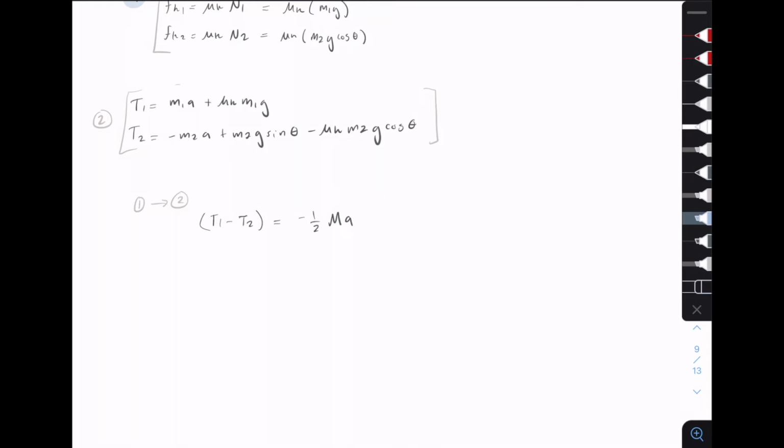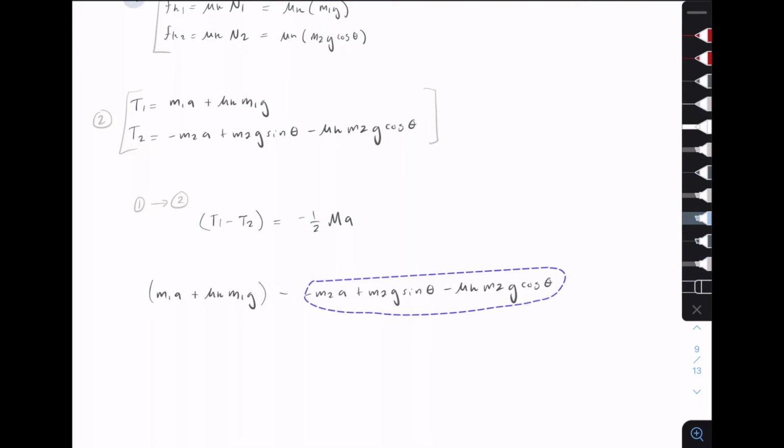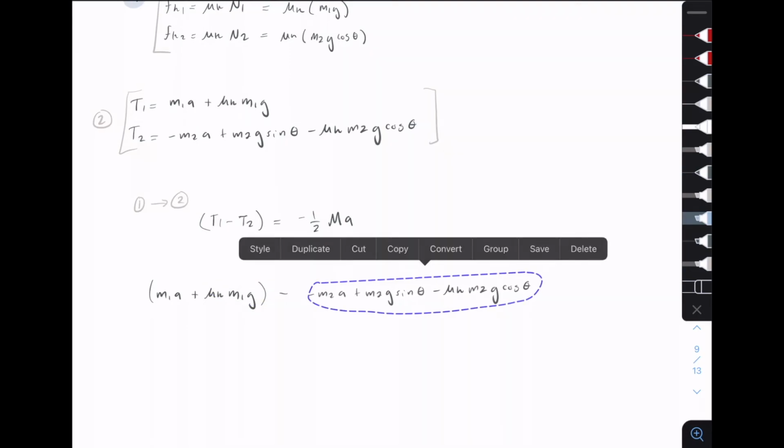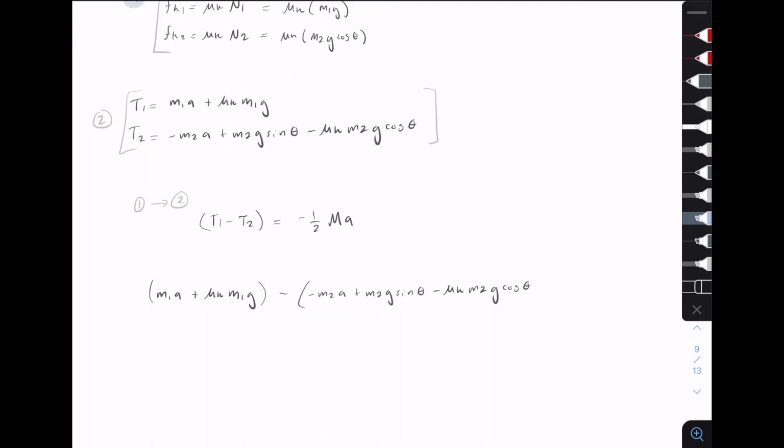So we have T1, minus this T2, and let's distribute our negative right away.